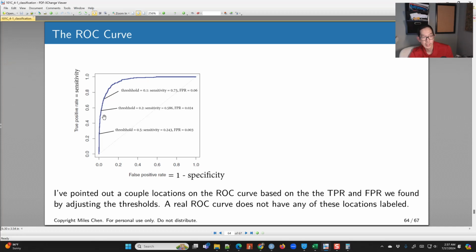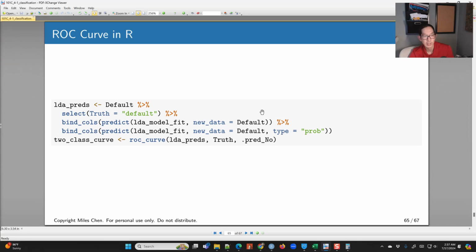Here I've labeled all of these things. When you draw a regular ROC curve in, say, R, it's not going to show all of these different labels. It's just going to do this. This is how you would calculate it. The ROC curve in tidymodels would be found by taking your predictions, and you also need the probabilities, because it requires all of these different probabilities.